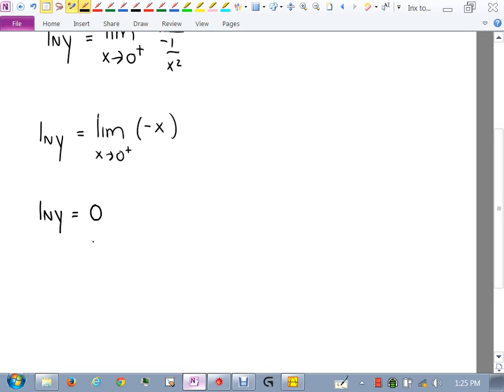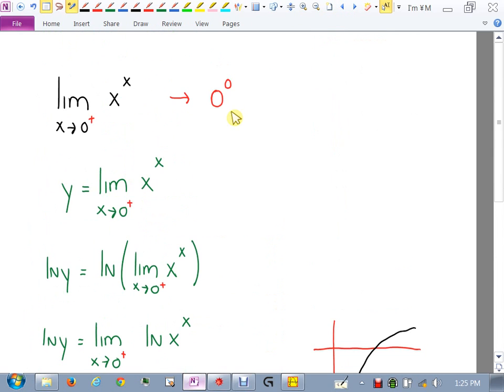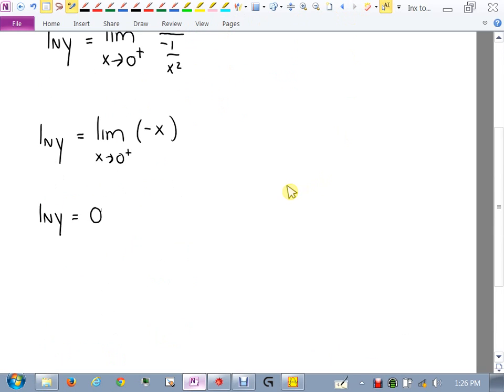Okay. Now let's try and remember some things. We wanted to know at the very beginning of the problem what y was. I said I'm calling this limit right here y. So we want to know what y is. At the very end, we have what natural log of y is. So we need to get y back to where it came from.